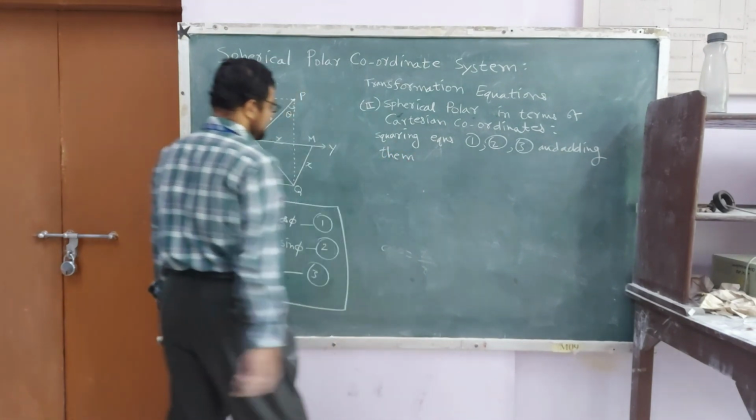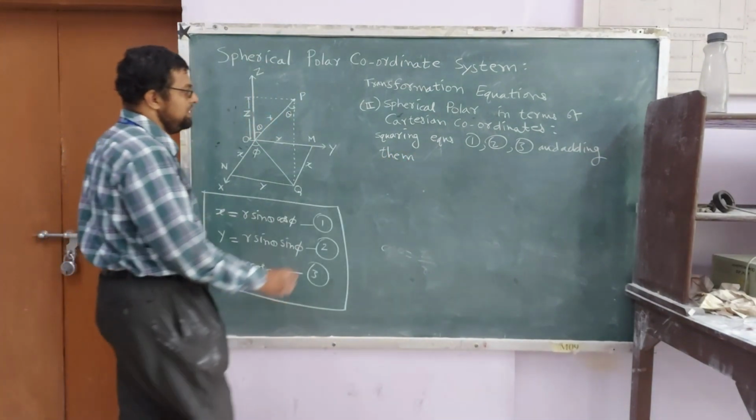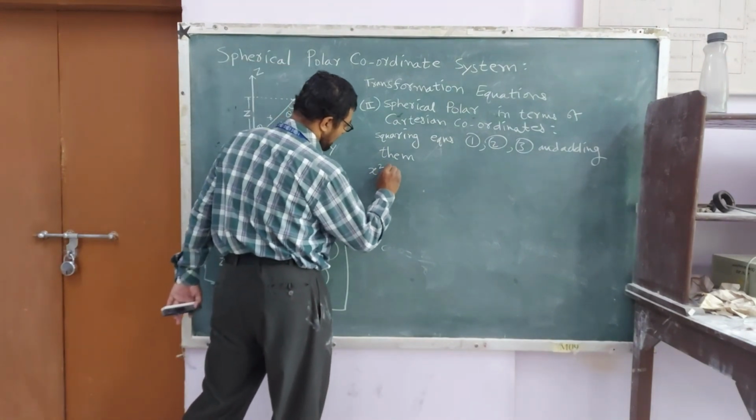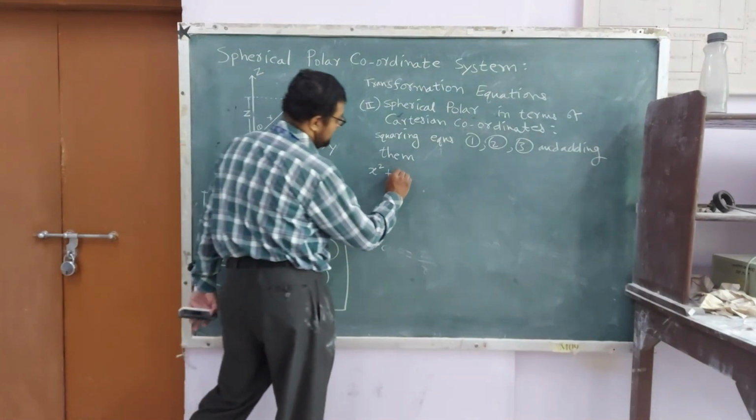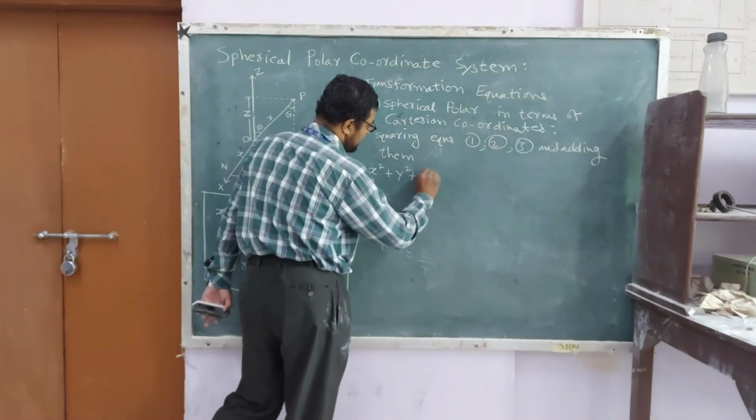If we do this, what will happen? It will be x square plus y square plus z square. I will first add the left hand side and then the right hand side.